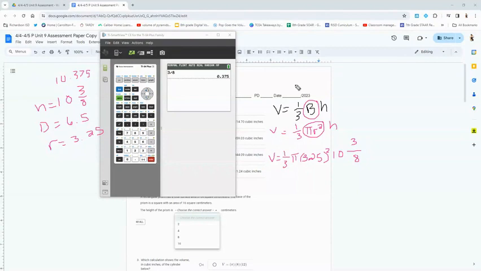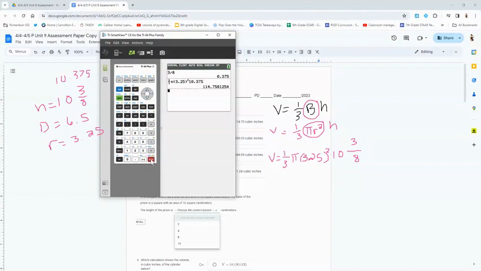Now that I have that, I'm going to retype this in. So I'm going to do alpha x, 1/3, second cat ear, and then parentheses 3.25, close the parentheses, squared, and then 10.375.